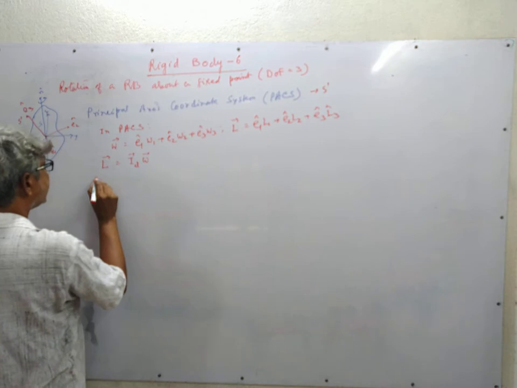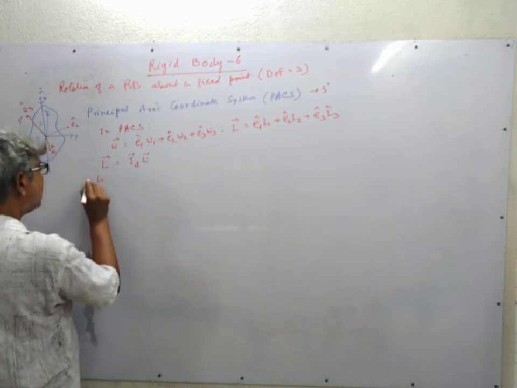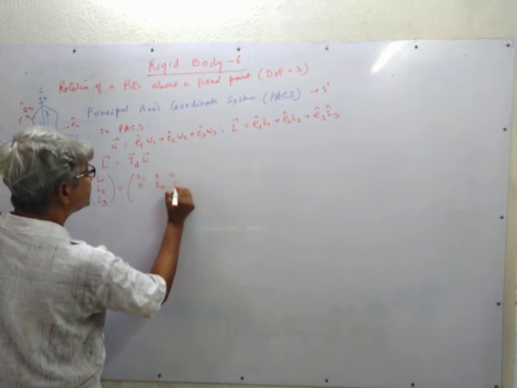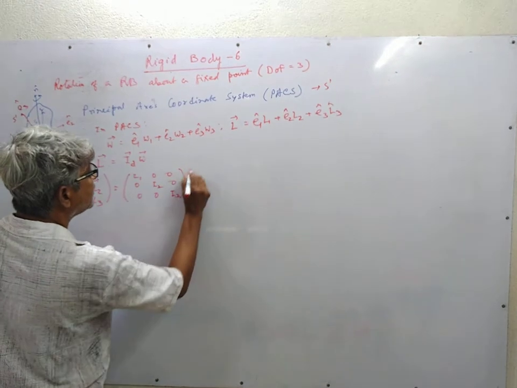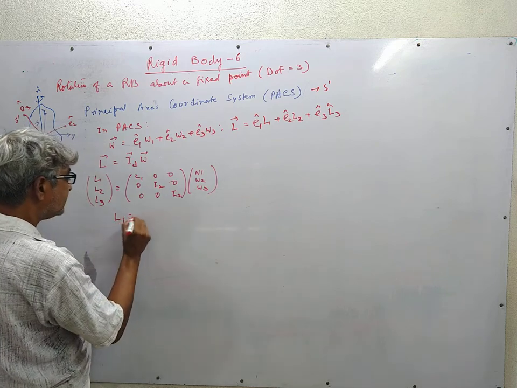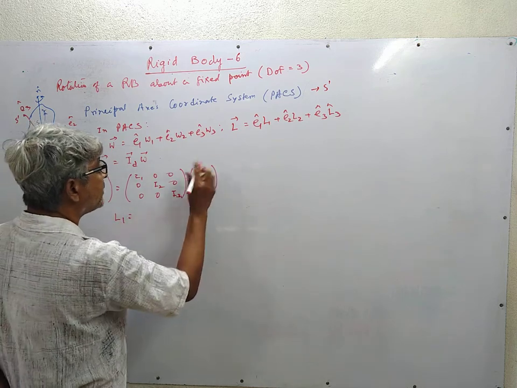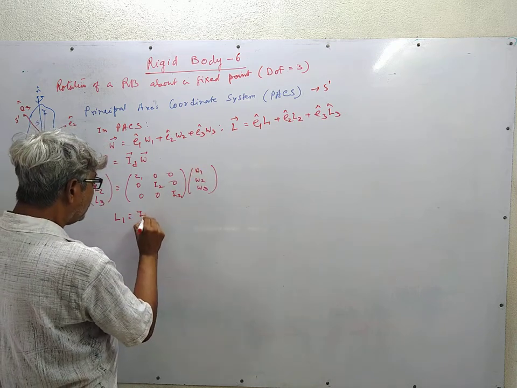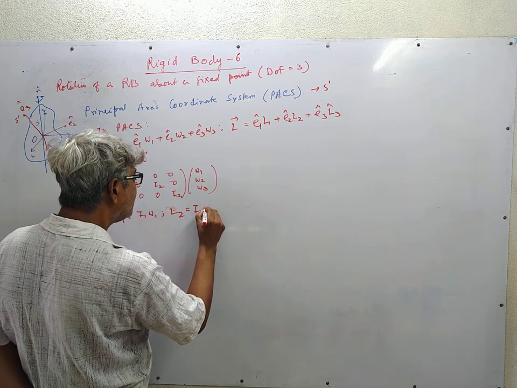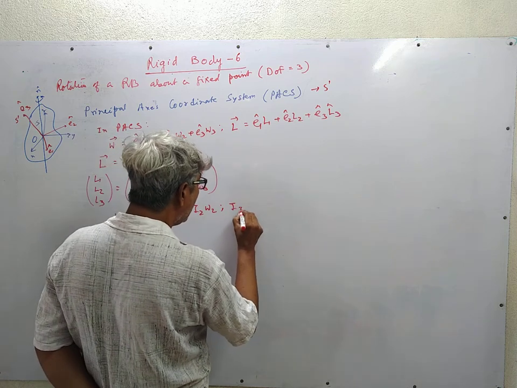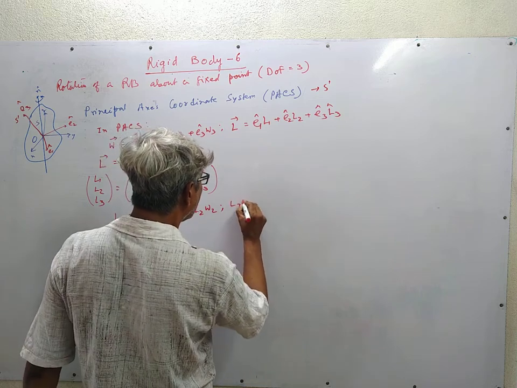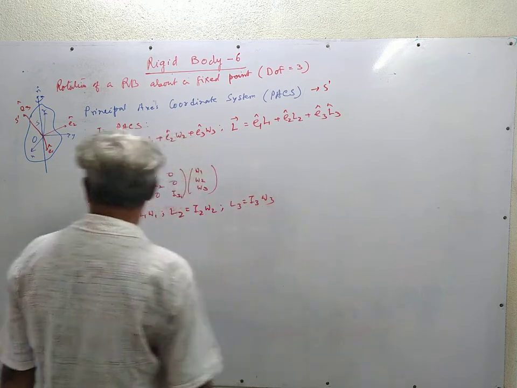If we rewrite it as L1, L2, L3 equal to the matrix I1, 0, 0, 0, I2, 0, 0, 0, I3 times omega 1, omega 2, omega 3, then L1 is equal to I1 omega 1, L2 is equal to I2 omega 2, L3 is equal to I3 omega 3.